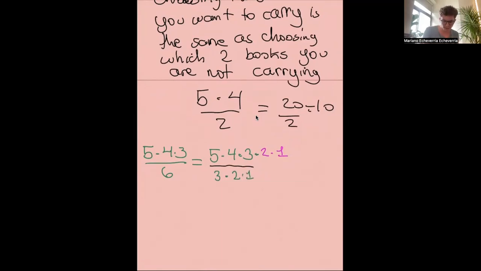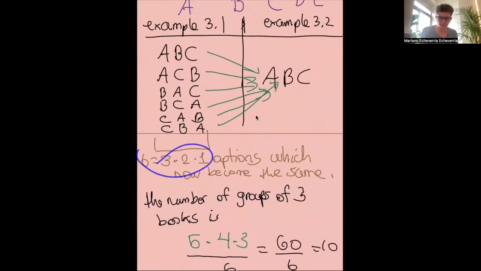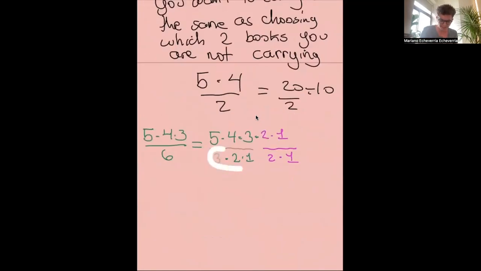You're not allowed to just add new things. If you add 2 and 1 in the numerator, you should also put them in the denominator so that it ends up being the same expression. So here you're not doing anything, I'm just re-expressing 6 as 3 times 2 times 1. It's a useful way to re-express it, because that's how we notice how many possibilities we had before.